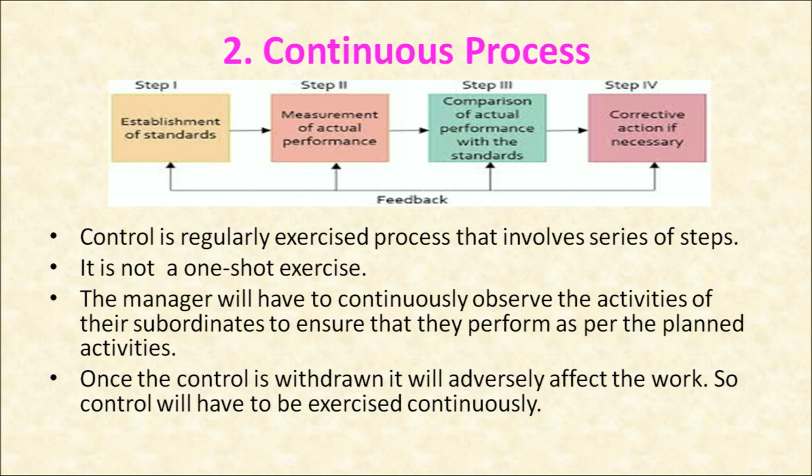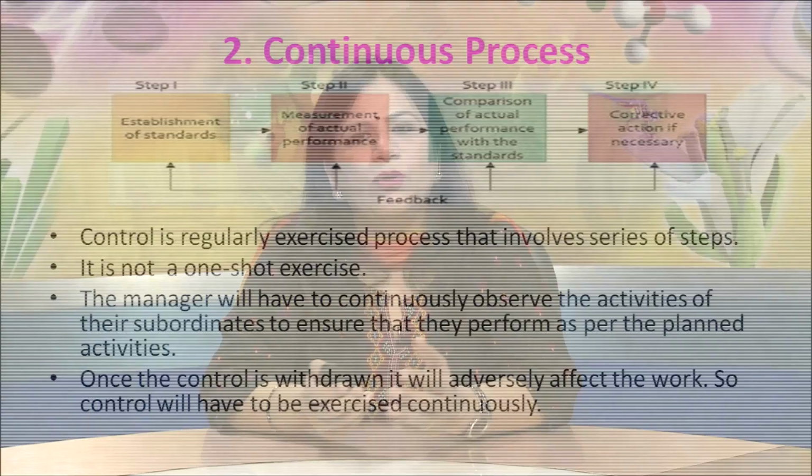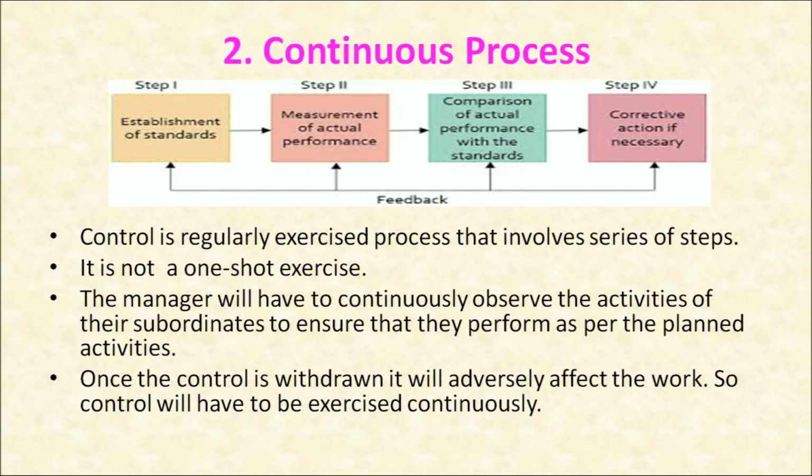So, in order to ensure that you are able to measure your actual performance against the plan, you have to undertake a series of steps, and once the control is withdrawn, it is going to adversely affect the entire task or the entire activity. So, control will have to be exercised on a continuous basis.